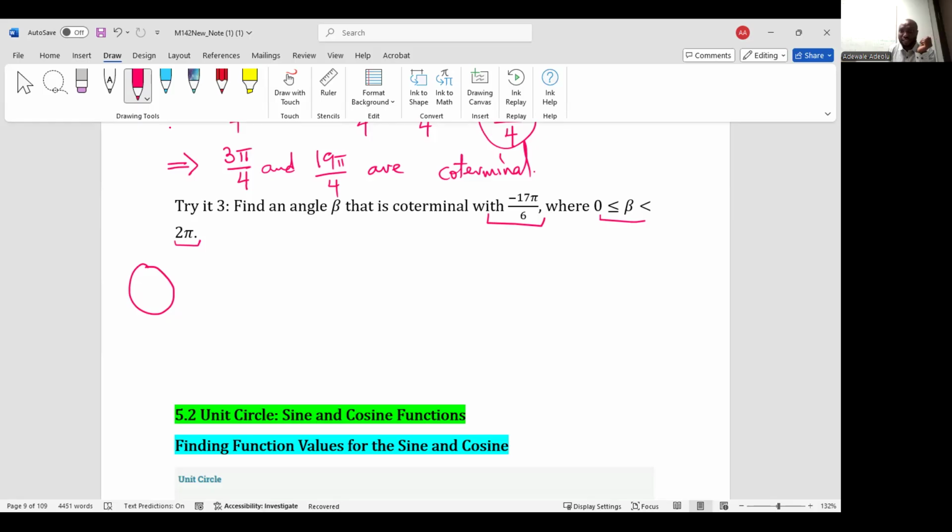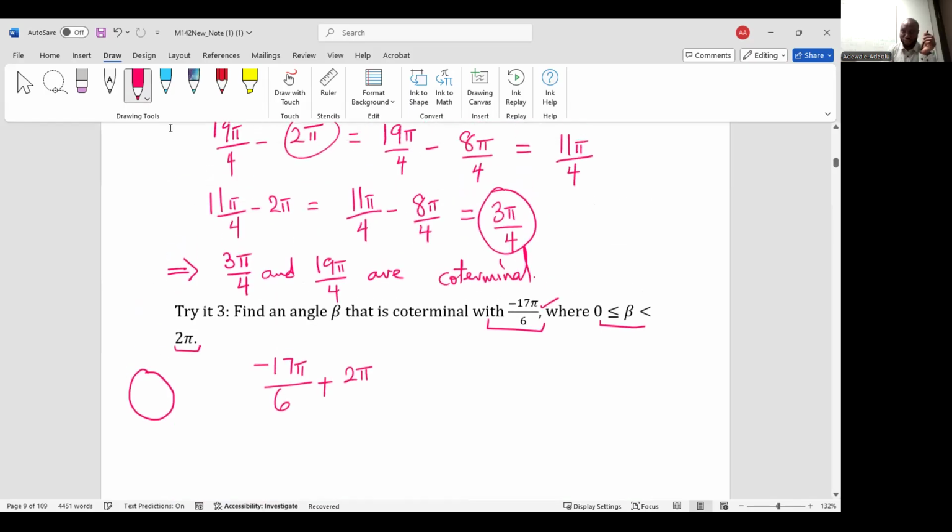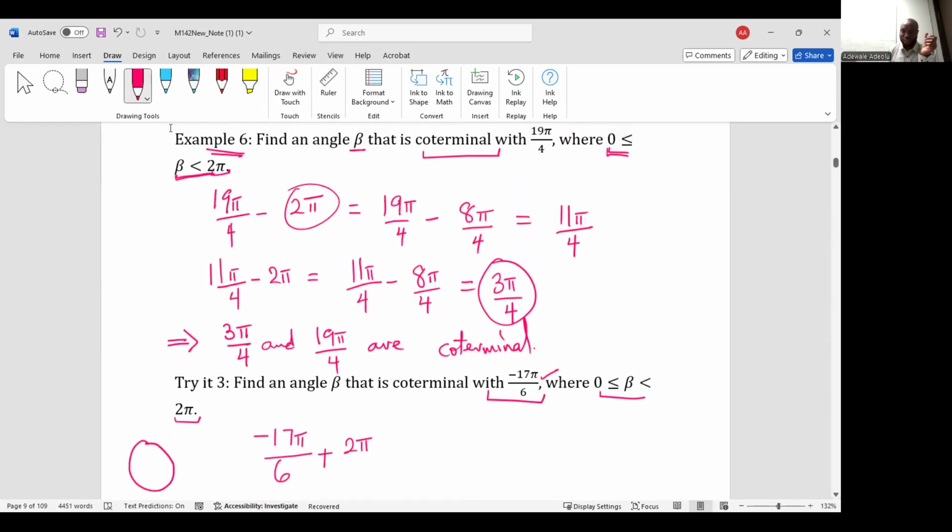All you need to do in this case is think of something. What do you do? You add 2 pi. Here we subtracted 2 pi because what we have here is positive.